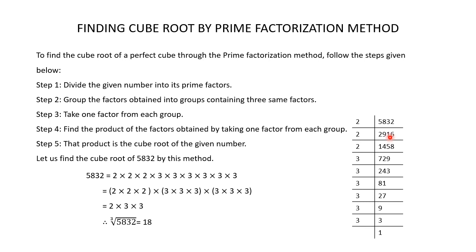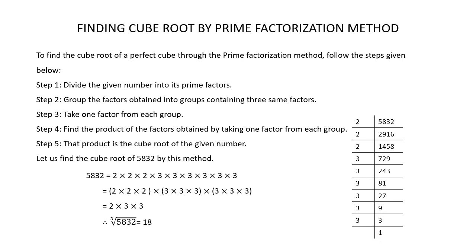You get 1458. Divide again by 2. You will get 729. Divide by 3. You will get 243. Divide 243 by 3, you will get 81. Divide 81 by 3, you will get 27. Divide 27 by 3, you will get 9. Divide 9 by 3, you will get 3. And divide 3 by 3, you will get 1.